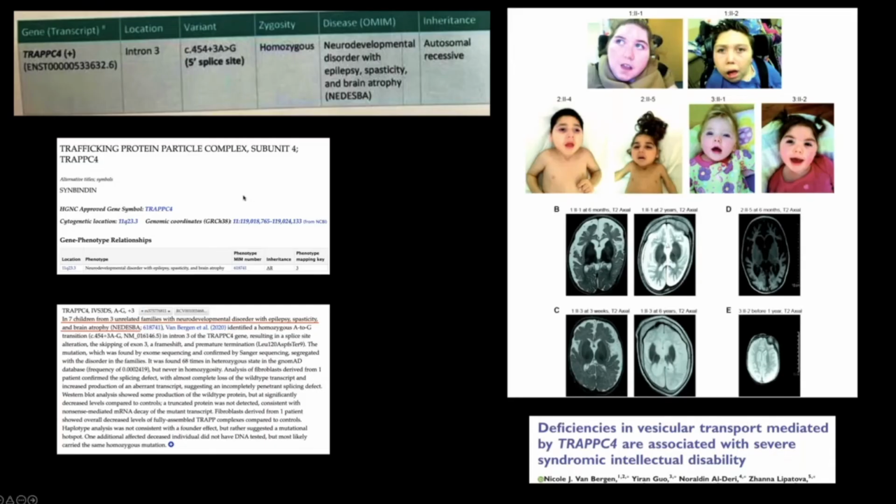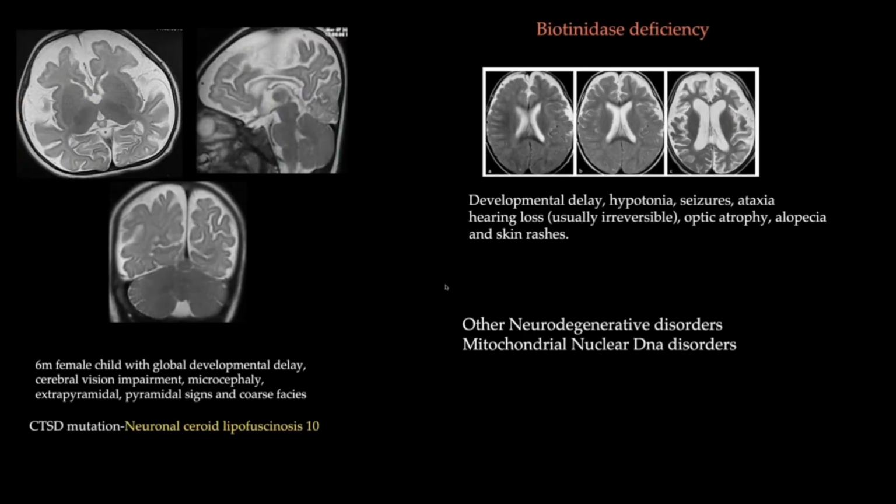That case came out with a variant of a TRAPPC4 gene, which belongs to the TRAPopathies, and the published literature also shows the imaging findings are pretty identical to both the cases which we have seen. The differentials before we got the genetic diagnosis, though unlikely, were NCL, biotinidase deficiency and other mitochondrial disorders.